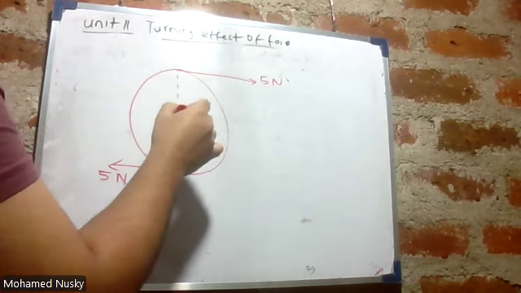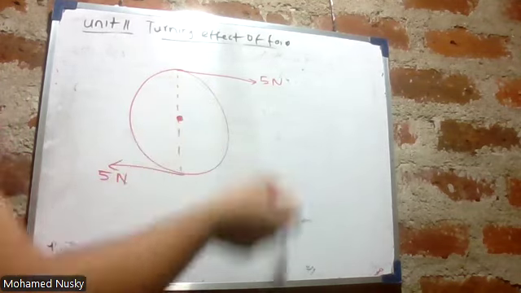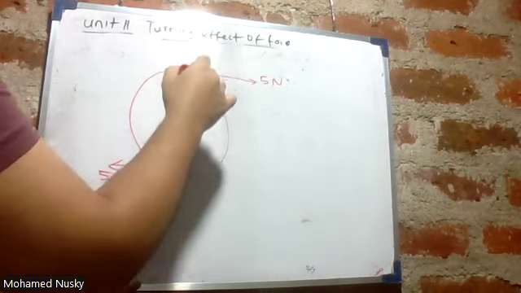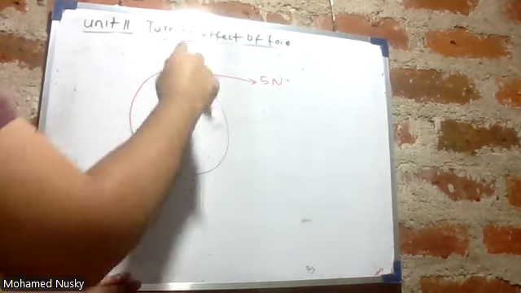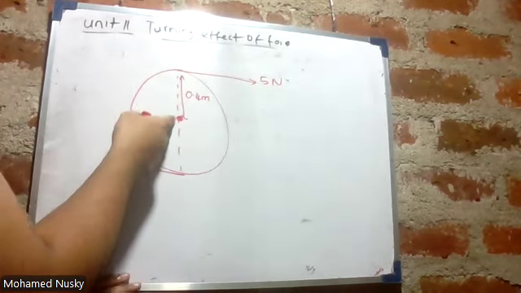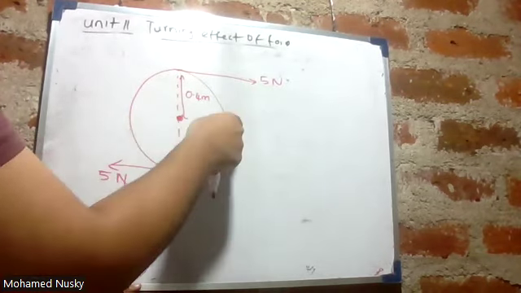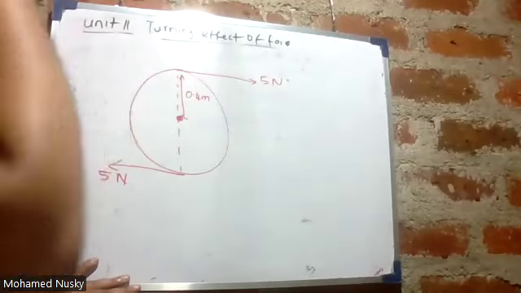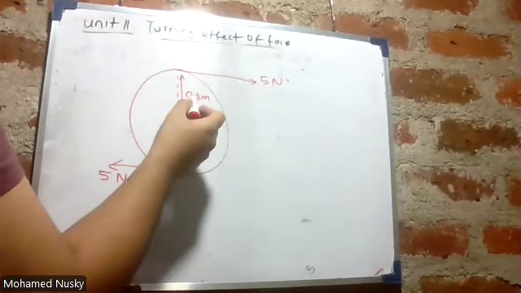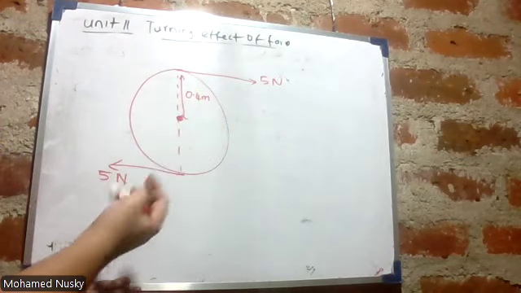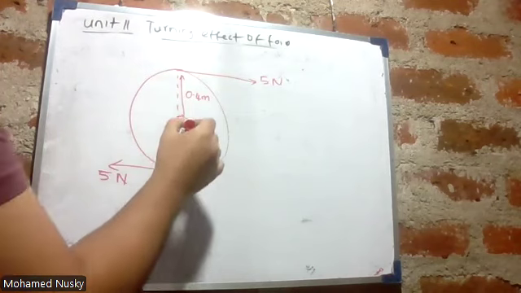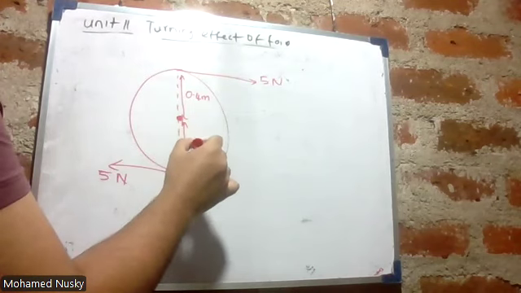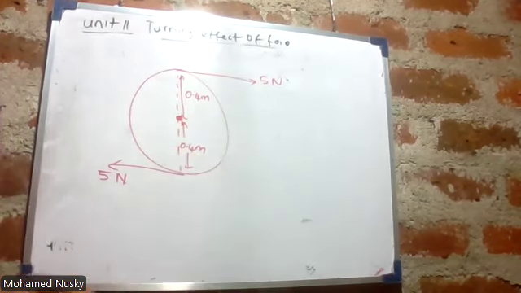Here we have the center of the circle. This is the radius, from the center to the circumference of the circle. Radius is 0.4 meter. If this is 0.4 meter, this is also 0.4 meter.